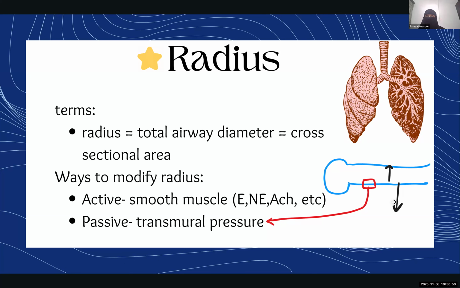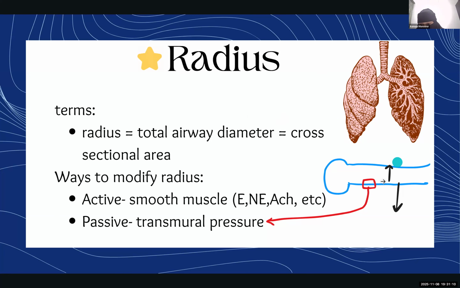Yes, you're right, Hussein. So transmural pressure is not only dependent on the air in the airway, it's also dependent on the muscles acting to pull the airway, and it also depends on the lung recoil itself. Okay? I wish I had a better pointer, honestly, but this pointer is so big.